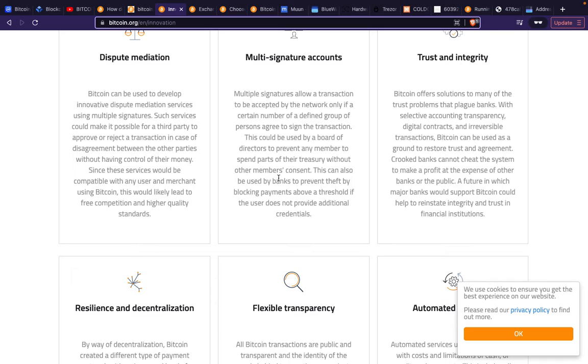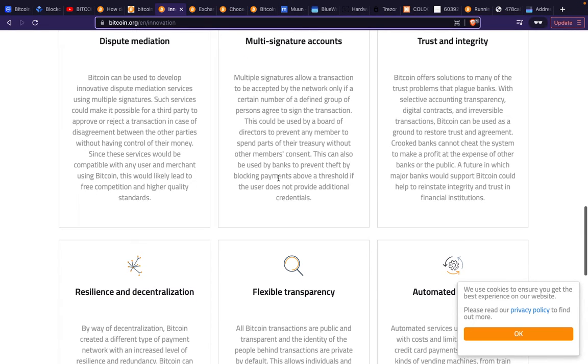Multi-signature accounts, right? So you can have multi-sig. You have one key, somebody else has one key, and let's say you are a corporation, you could just manage the funds like that. Trust and integrity.